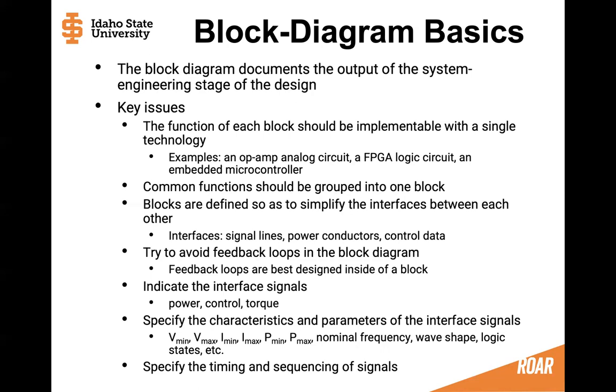So if it's voltage, specify that it's voltage, current, power, etc. And then if necessary, specify the timing or the sequence of how the block moves through. The more complex your system is, the more you might have to deal with timing and sequencing.